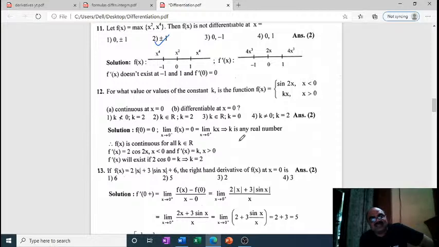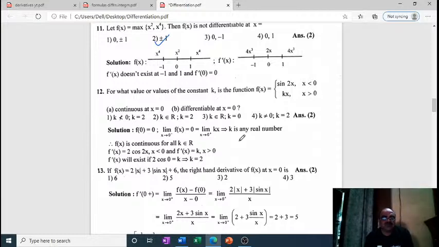f of x is continuous for all k belonging to R. f dash of x is equal to 2 cos 2x where x is less than 0, and f dash of x is equal to k where x is greater than 0. f dash of 0 will exist if 2 cos 0 is equal to k.